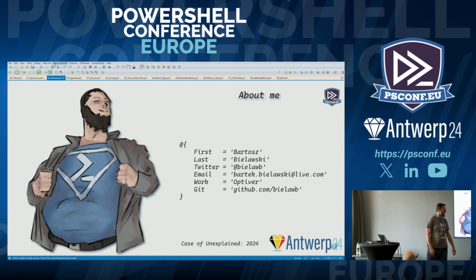So this is my name, the Twitter or X. I'm going to continue to call it Twitter regardless of whatever the branding will do. It's BLB. You can also use the same handle to find my work on GitHub, which is not a lot. It's not very active, but sometimes I put things there, and definitely the presentation, this one and the one from Thursday, will be there to find. I work for Optiver, a company based in Amsterdam.